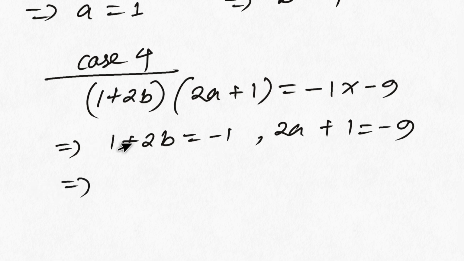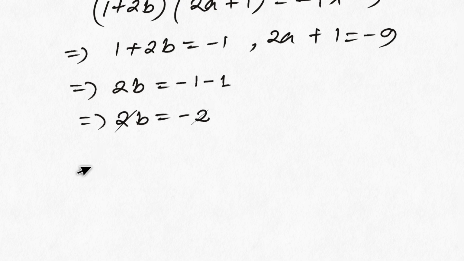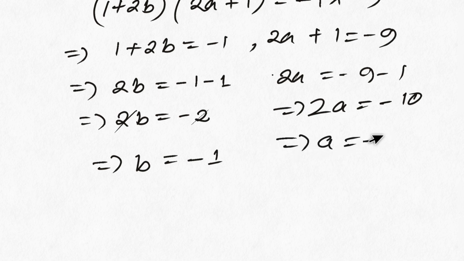Subtracting 1 gives 2b equals -1 minus 1. This simplifies to 2b equals -2. Dividing by 2, we get b equals -1. On the right, 2a equals -9 minus 1. So 2a equals -10, which gives us a equals -5.